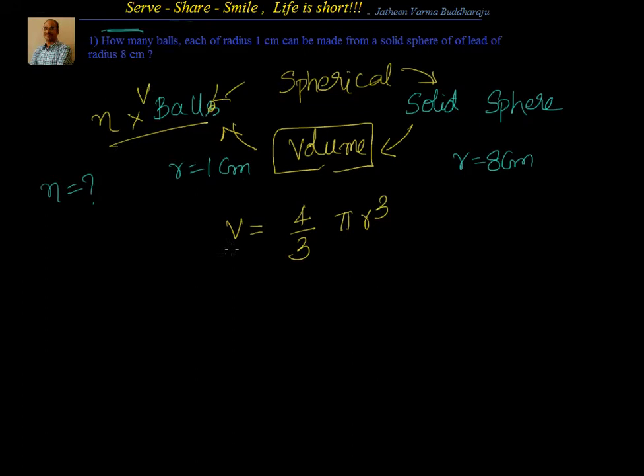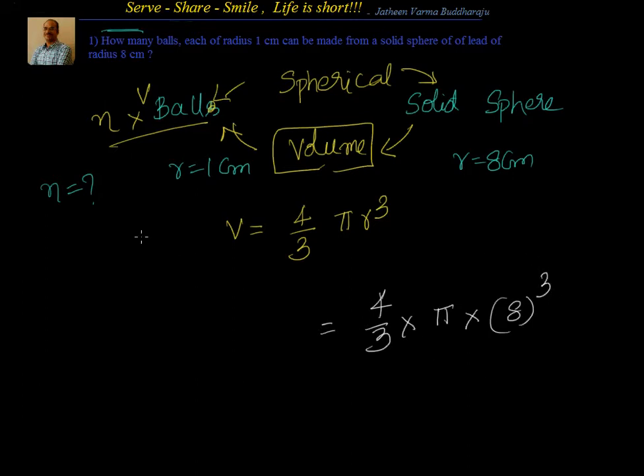So let's leverage the formula V equal to 4 by 3 pi r cube. First let's calculate the volume of the solid sphere. That is 4 by 3 into pi into 8 cube.